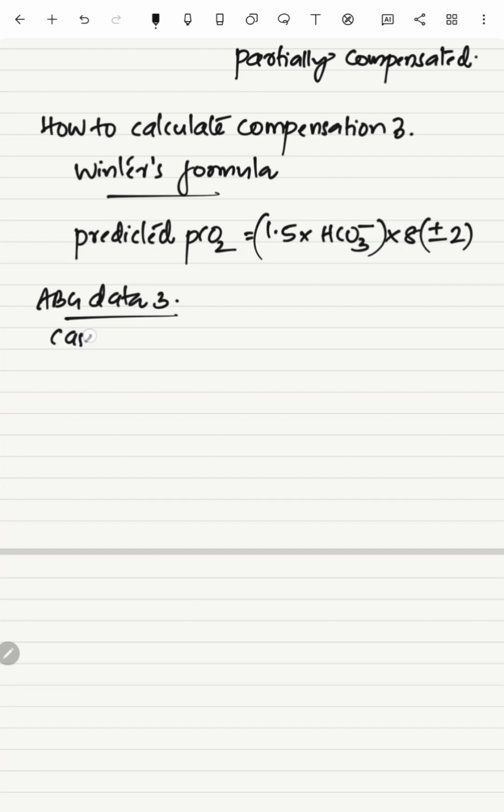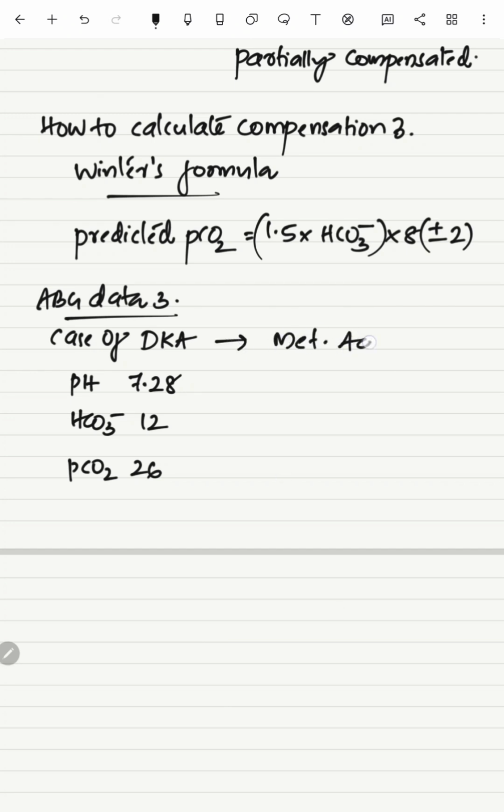This is one of the ABG data, a case of diabetic ketoacidosis, and these are the ABG values. pH is 7.28, HCO3 is 12, PCO2 is 26. As we all know, DKA is a case of metabolic acidosis. We have studied it under the causes of metabolic acidosis. PCO2 equals 1.5 times HCO3, which is 12, plus 8.